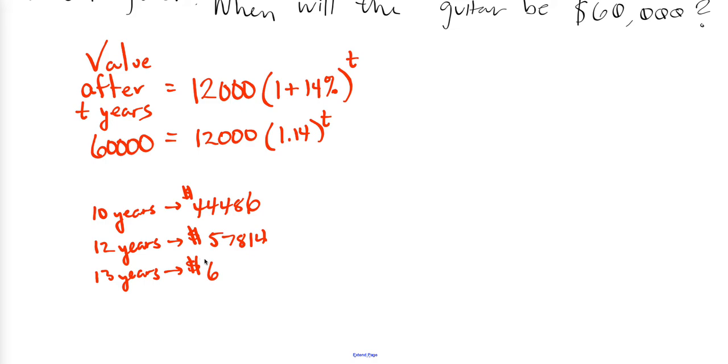Did you get it? 65,908. Perfect. Thank you. So the guitar would be worth $60,000 between 12 and 13 years.